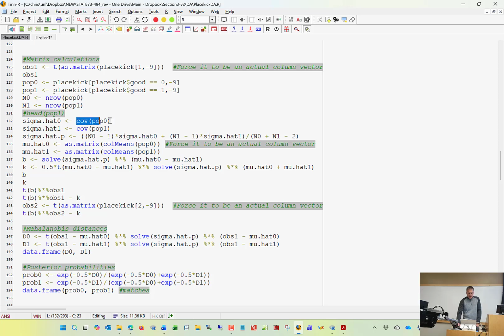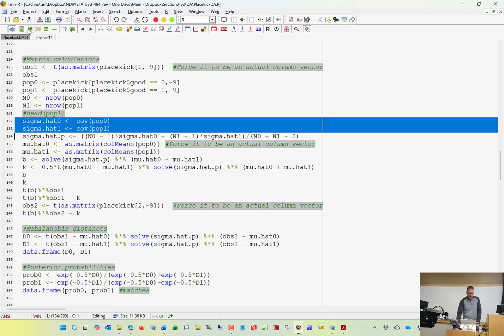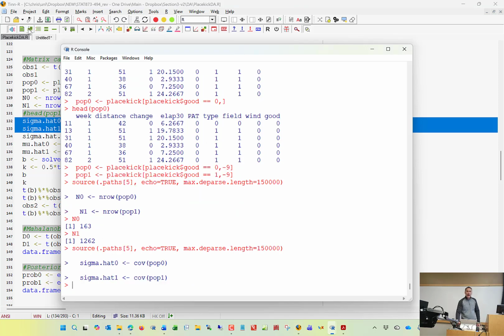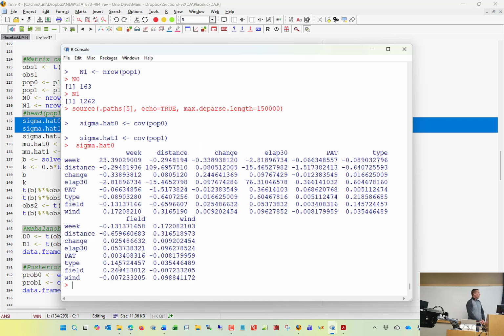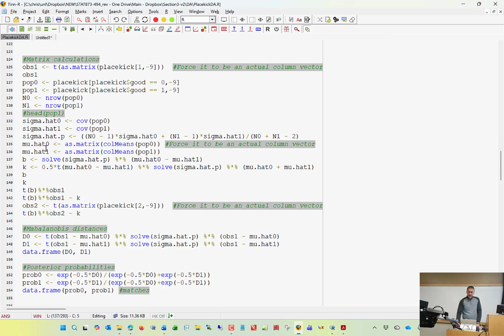So next, I need to find the estimated covariance matrix for the data that's in pop 0. Also for pop 1, I'm going to put that into objects sigma.hat0 and sigma.hat1. Just to prove to you indeed that this worked, there's for the zeros. Next, let's find that pooled covariance matrix, what I call sigma hat.